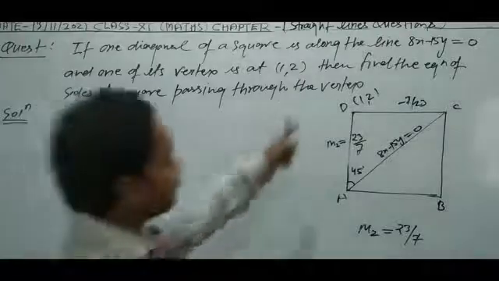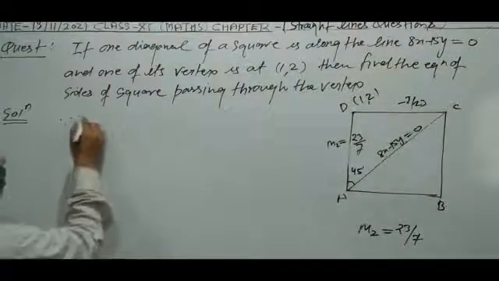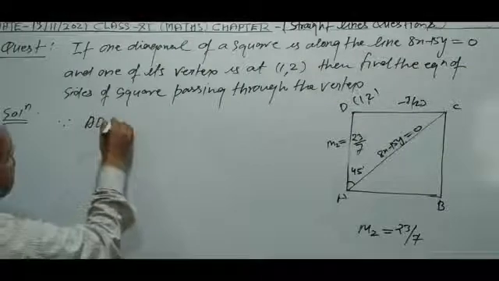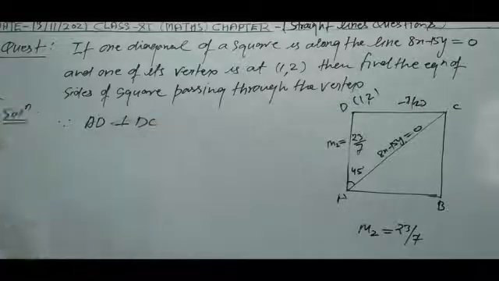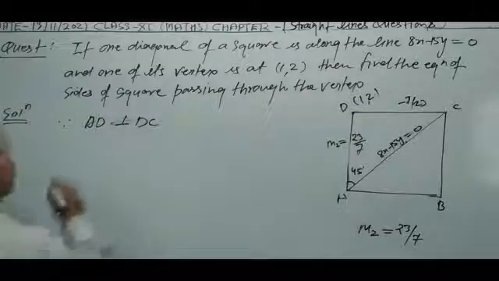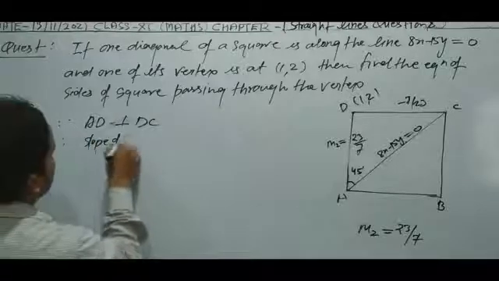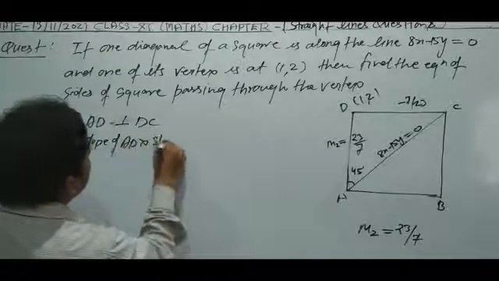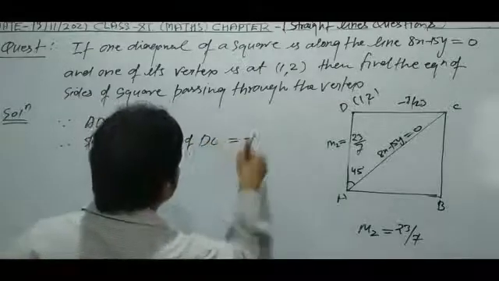These lines are perpendicular to each other. Since AD is perpendicular to DC, therefore slope of AD into slope of DC product result will be -1.